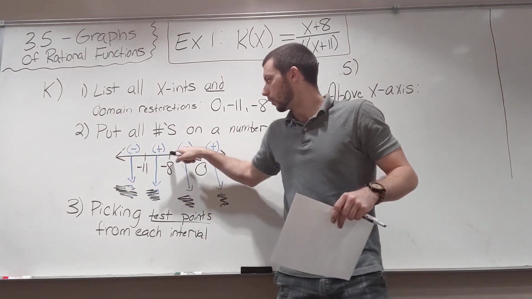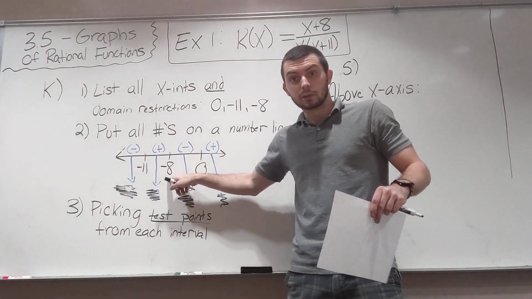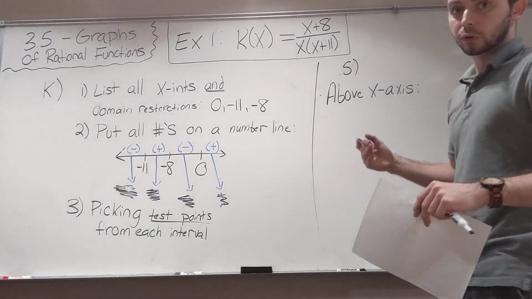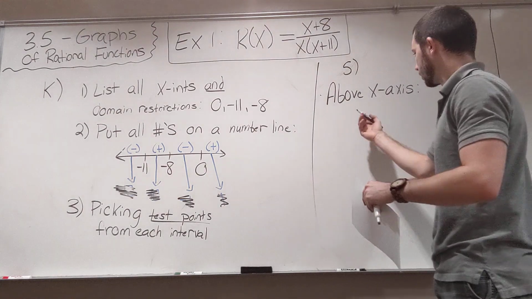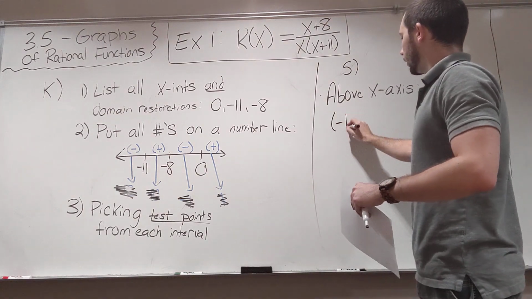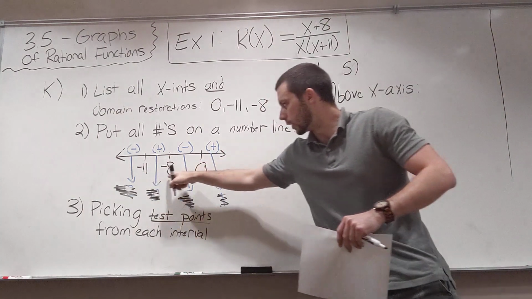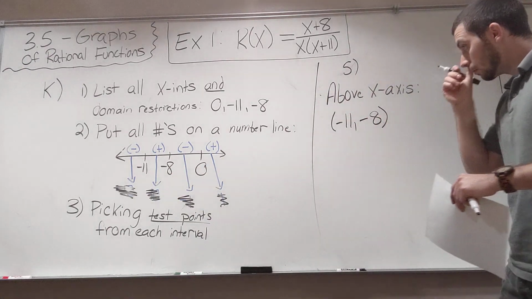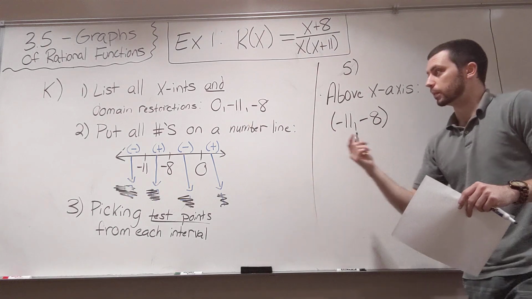This segment right here, from -11 to -8, has a plus sign. So we want to denote that using interval notation. It starts off at -11, it ends at -8, and that would be one of the segments.